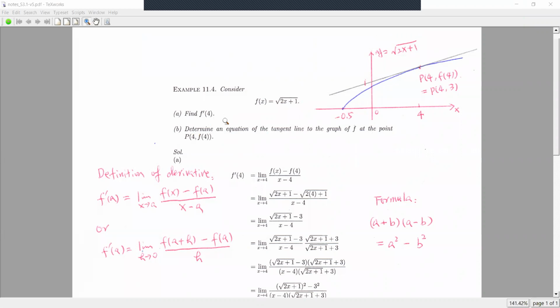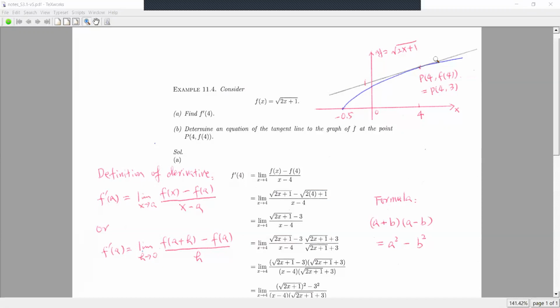By fact number 1, the derivative at 4 is the slope of the tangent line at the point P. The point P x coordinate is 4. So about this tangent line, we know the slope is 1/3. And also we know one point, the point P on the tangent line.